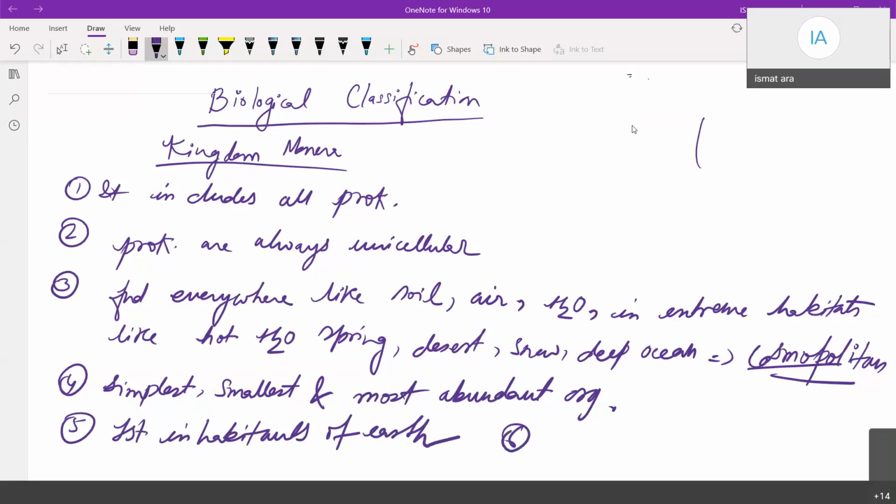And bacteria are the sole member of this kingdom, kingdom Monera.